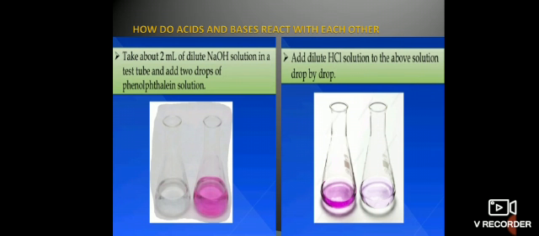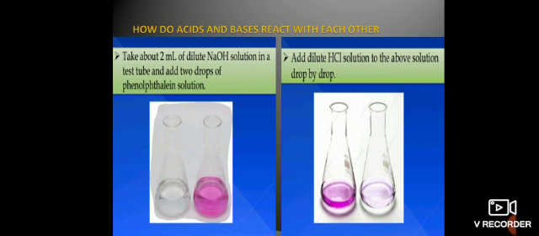Dear children, how do acids and bases react with each other? For this, we are going to do a small activity. Take about 2 ml of dilute sodium hydroxide solution in a test tube and add 2 drops of phenolphthalein solution.